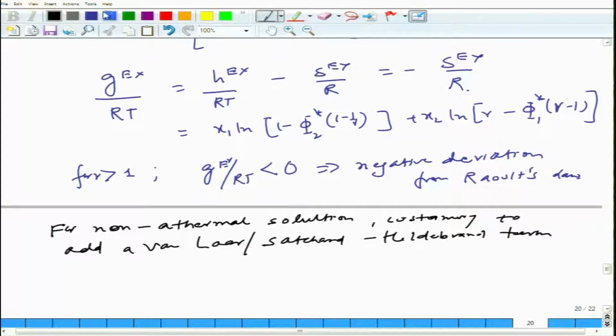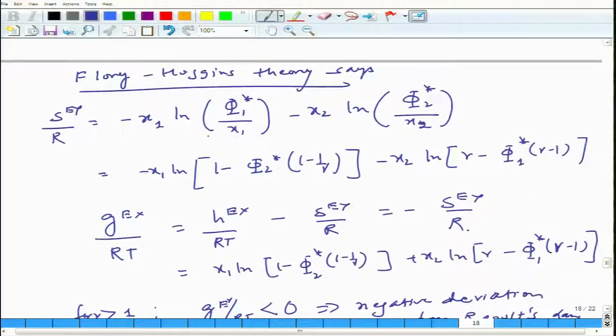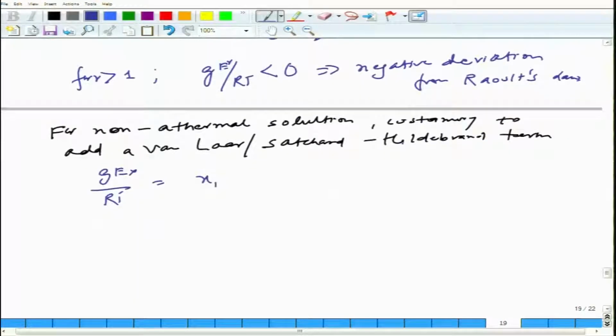So in that case, your G excess by RT is, okay, I can use the earlier term here, which was this, right? So G by RT is x1 ln phi 1 by x1 plus x2 ln phi 2 by x2, right? So I'm going to use that.